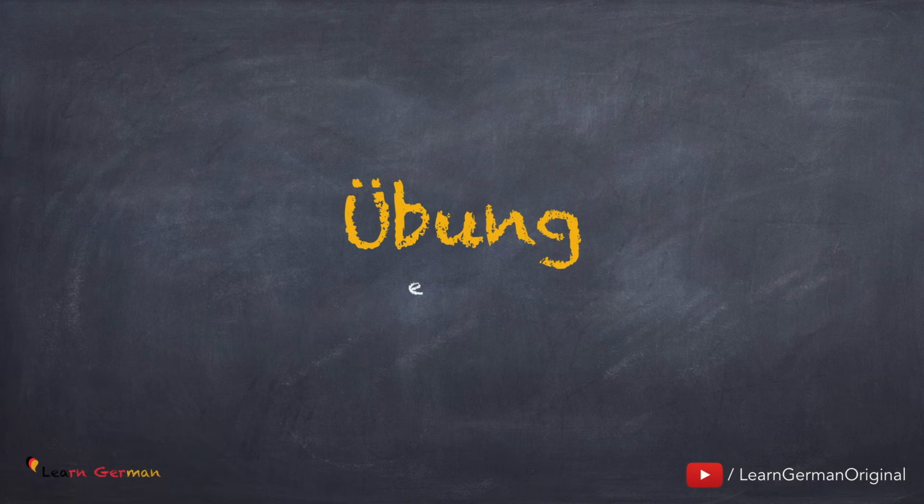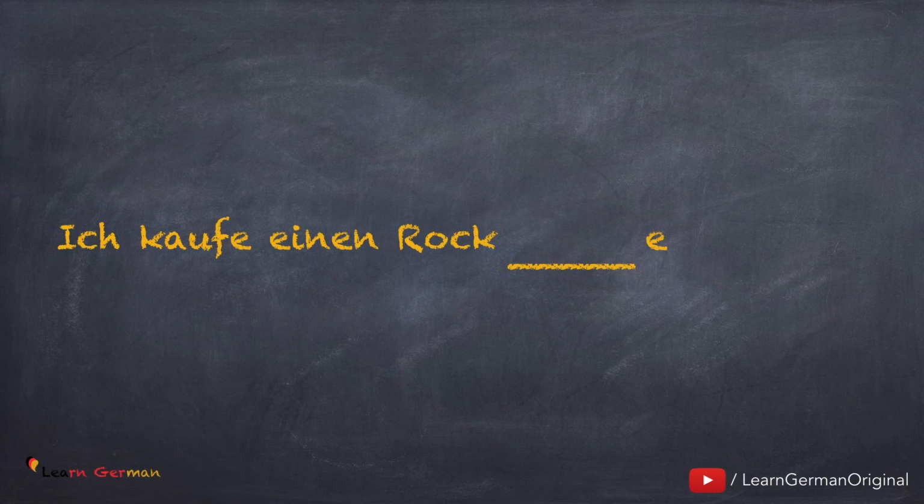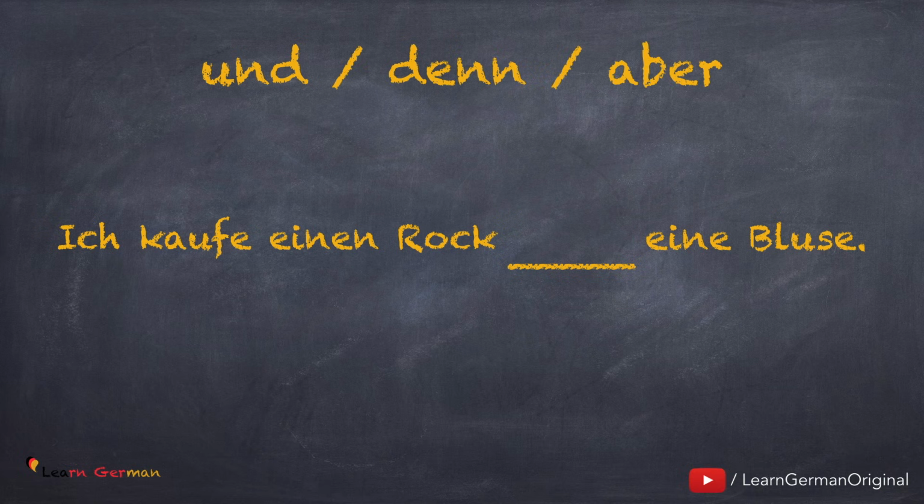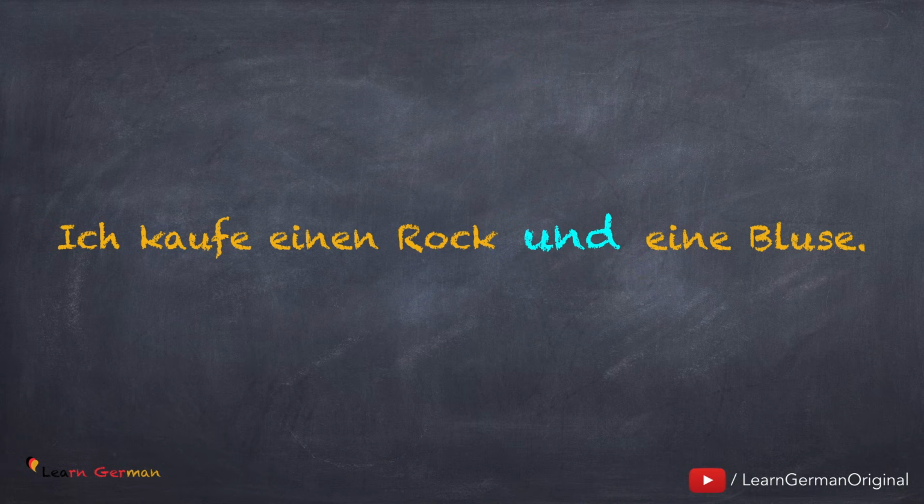Great! Now let's do a small exercise to know how much you have learned. Übung. Here's the first one. You have to tell which is the correct conjunction. And the answer is Ich kaufe einen Rock und eine Bluse.